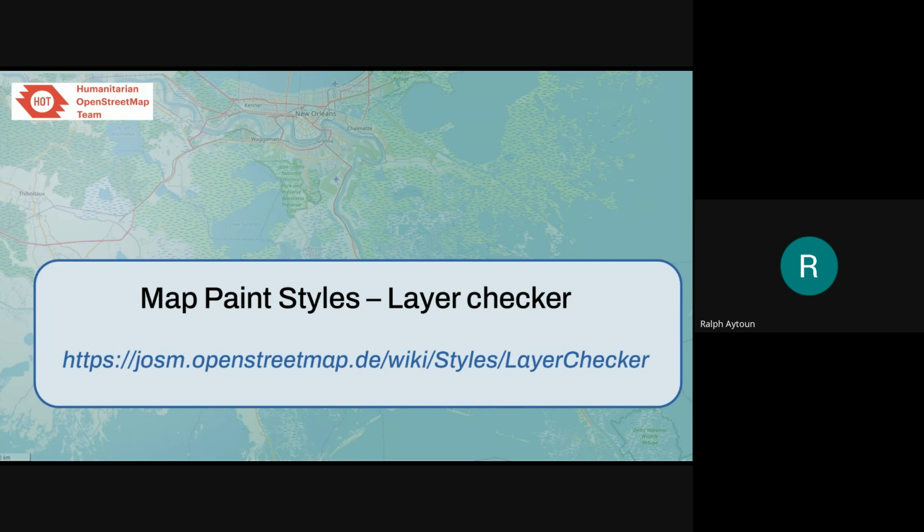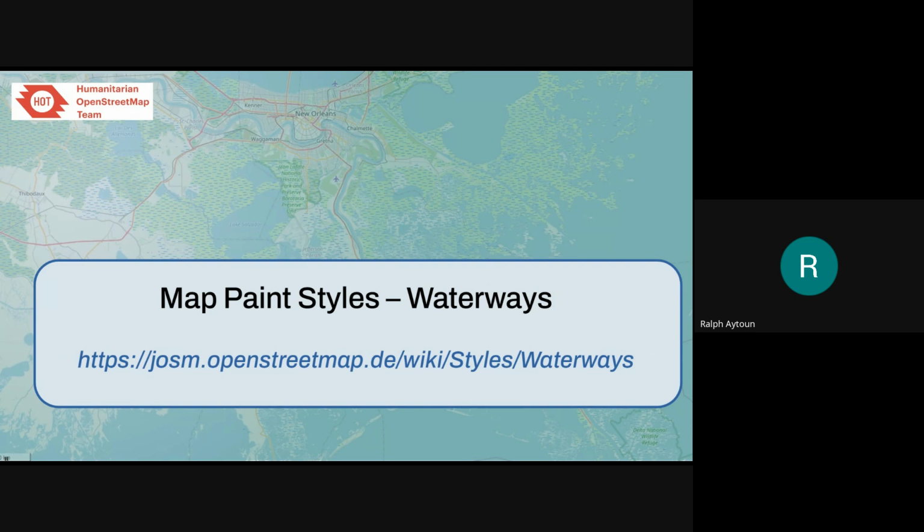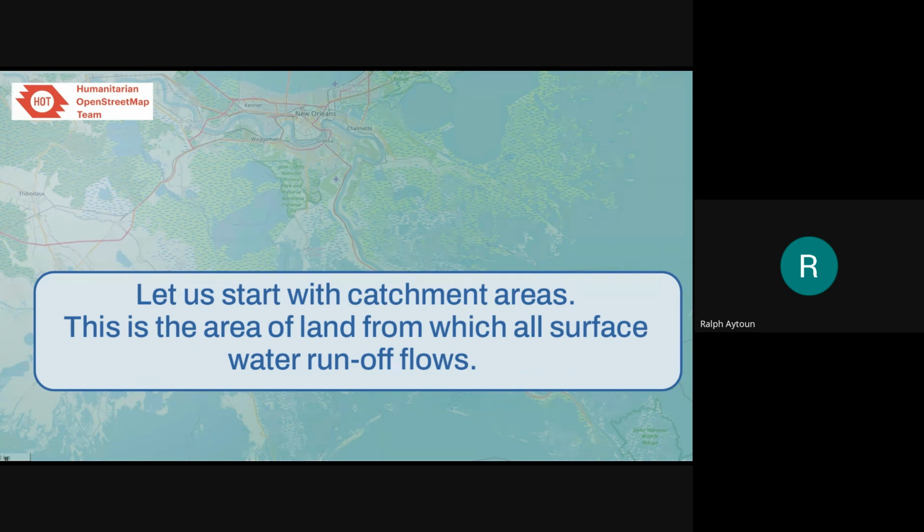So there, map paint styles waterways as well. We're going to start with what's called catchment areas, to understand how the water works. It's an area of land which all surface water runs off.